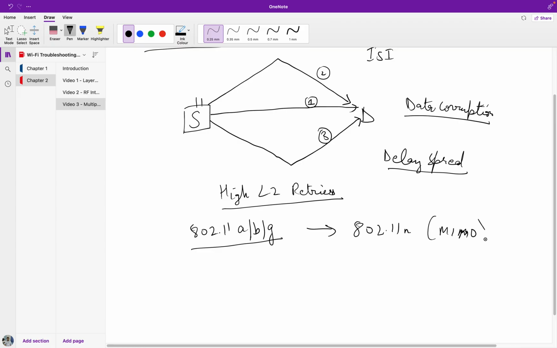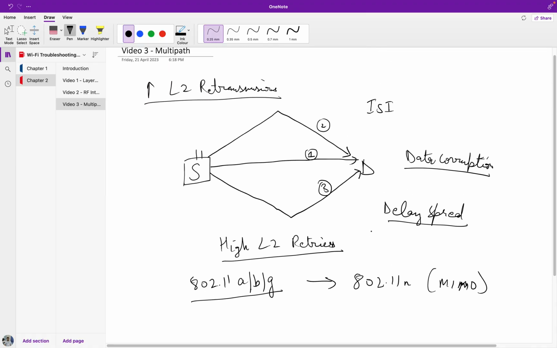I'll discuss that later, but coming back to multipath, the different signals reaching the destination can cause ISI, inter-symbol interference, and thus data corruption, which is going to increase the layer 2 retries because there is no ACK coming from the destination.